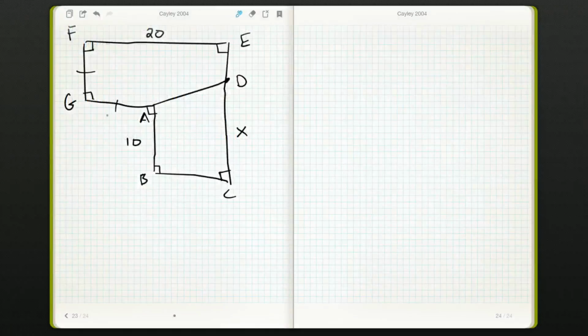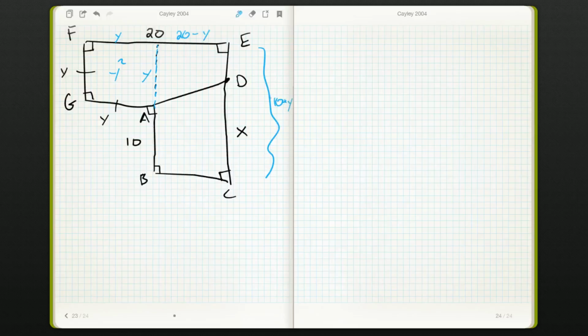So I know that these two lengths, whatever they are, I'm going to call them Y. So let's use some colors to make it clear what we're doing here. So we're chopping this up. This is a square. This is Y squared over here. We've got Y. We've got Y. We've got 20 minus Y. And then this total distance here is 10 plus Y. So this guy, this ED, is 10 plus Y minus X. A little involved, but okay.